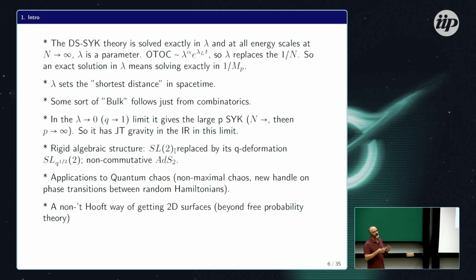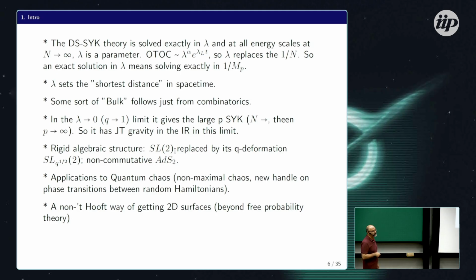You can see this in many ways. So we have a theory that naturally has a UV cutoff, and we'll see that many UV divergences disappear. That was already, I think, in Thomas's talk: there's going to be a maximal energy, and that helps regulate many UV divergences. Of course, we can get the ordinary JT gravity in the infrared if we take lambda to 0. But what's really interesting is that there's a very rigid algebraic structure.